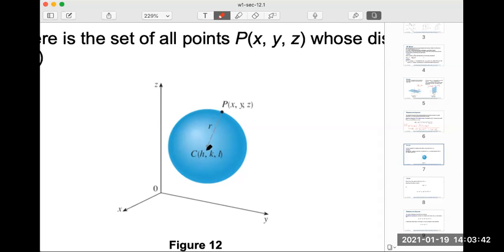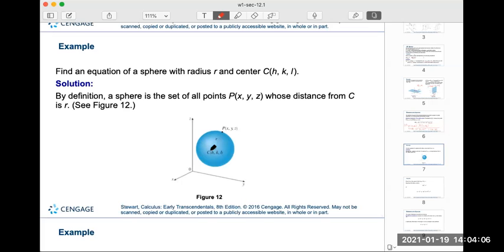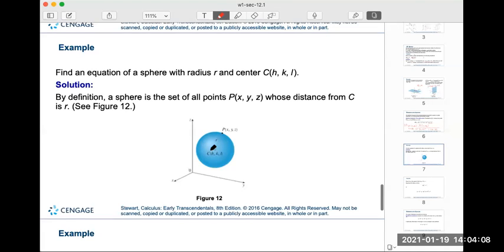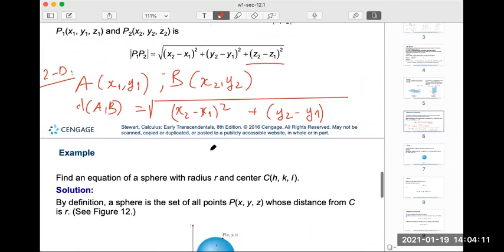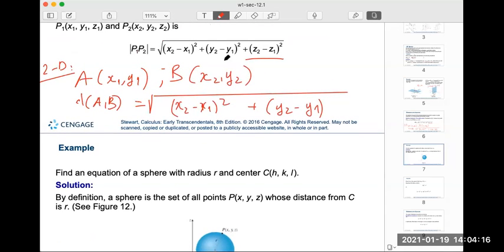A sphere is all the points where the distance from that point to the center will be the same, right? It will be r. So which formula should we use to write down the equation? That's perfect. So here we know the formula of the distance of 2 points, right?